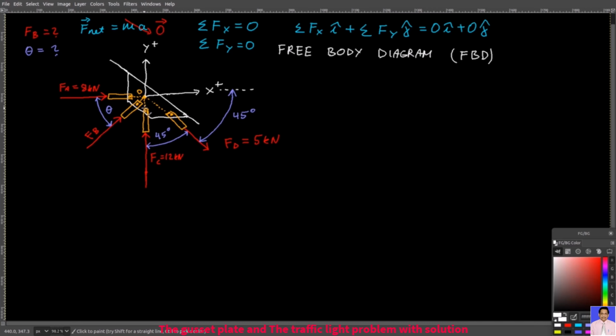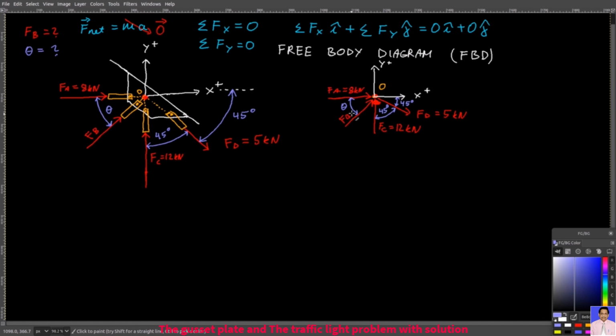We say particle because the lines of action of all the forces meet at this point O, and that means that instead of drawing this entire plate, we can equivalently take this point O, then put it right here, draw the same forces, the same coordinate frame, the same angles, and so this free body diagram is equivalent to this free body diagram.